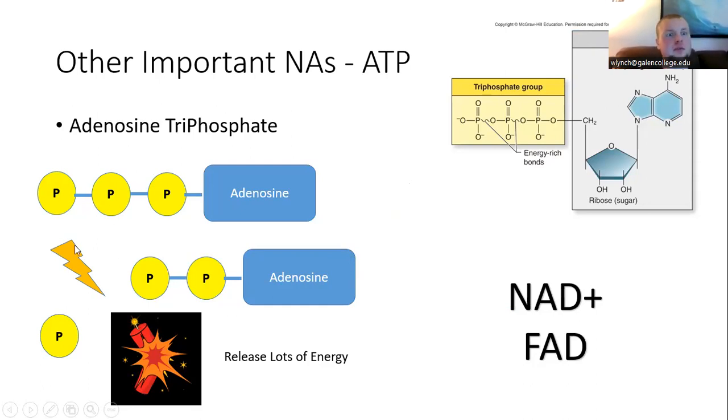Each time that we cleave off one of those phosphates, we release energy from that bond. And when we release energy from that bond, we can use that for cellular processes. So adenosine triphosphate becomes adenosine diphosphate. And when we do that, we release the energy from that 3rd phosphate. And we can use that for our cells.